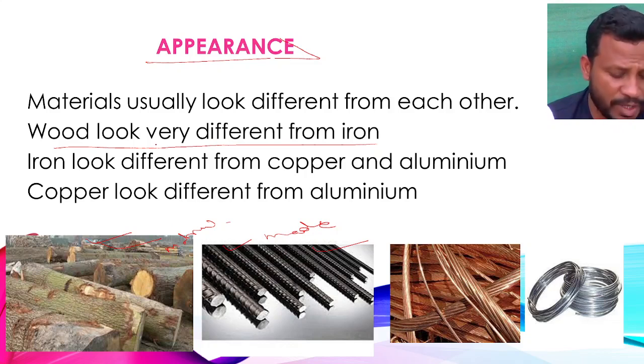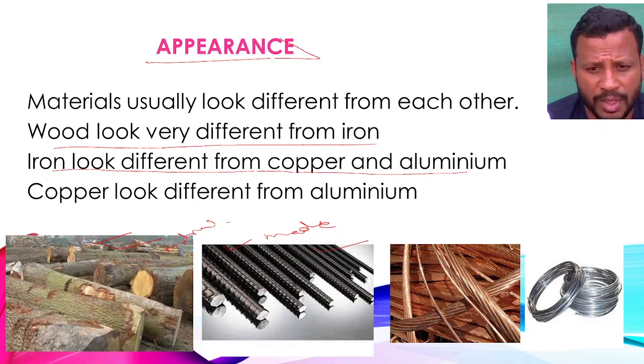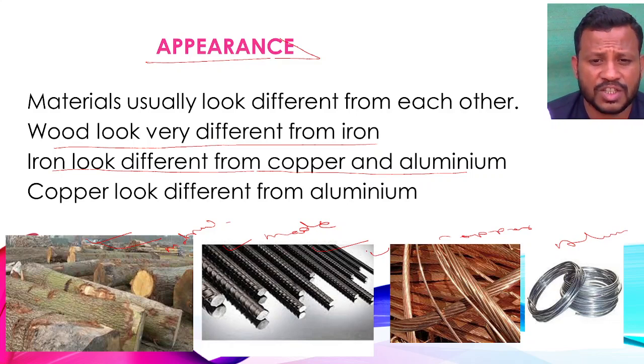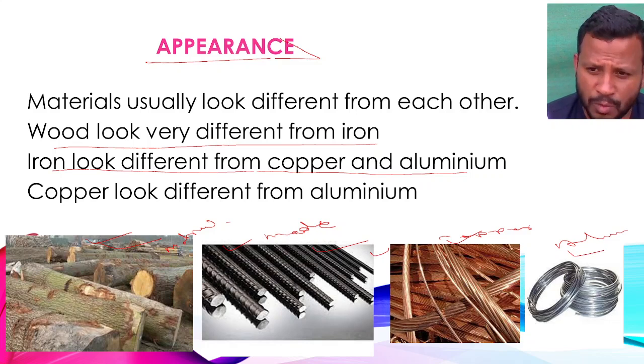And next point, iron looks different from copper and aluminum. This is the copper, and this is the aluminum. This steel is different from the copper as well as the aluminum. Why?